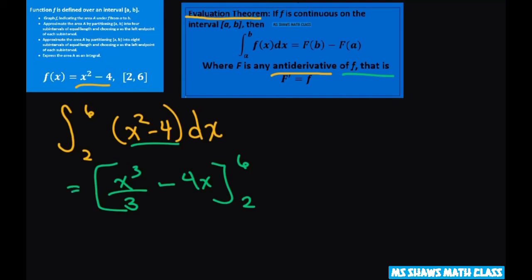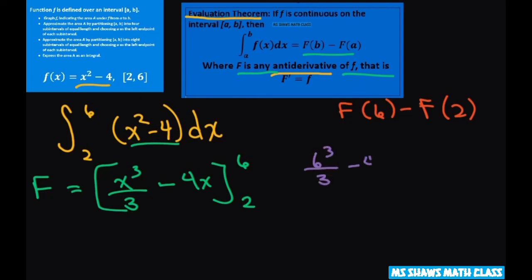And since we found our antiderivative F, we're going to do F of 6 minus F of 2. So F of 6 is going to be 6 cubed divided by 3 minus 4 times 6. And then minus F of 2. This one's a little easier, 8 thirds minus 8.